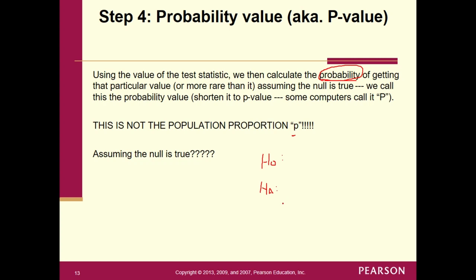The claim is that the person is what? Guilty. That's the alternative hypothesis in a murder trial. The null hypothesis is that the person is not guilty. I'll just put G here. So the alternative, guilty; null, not guilty.